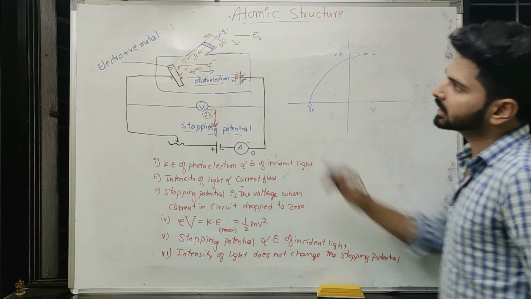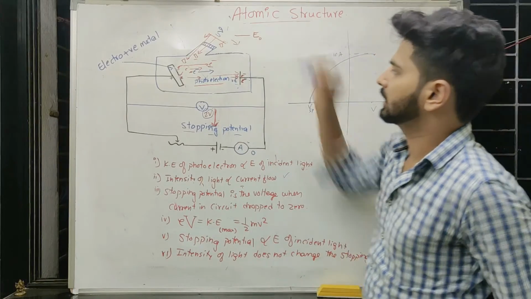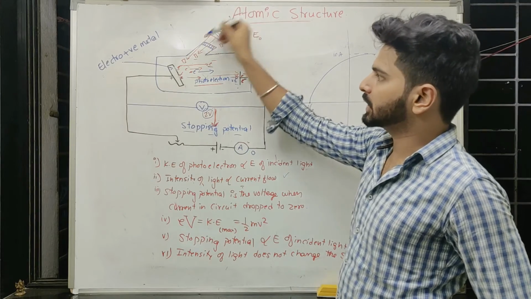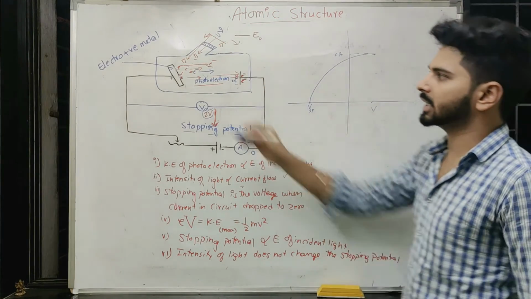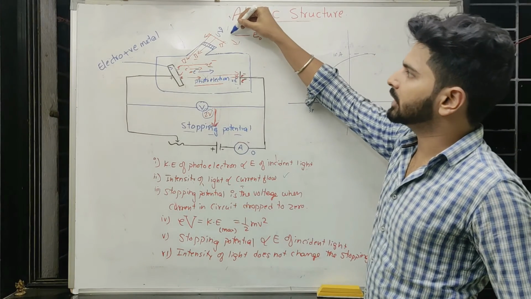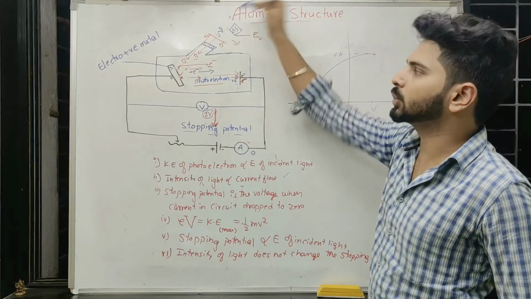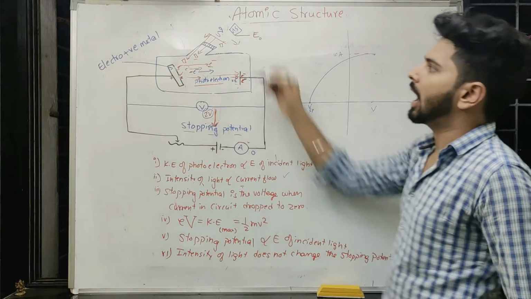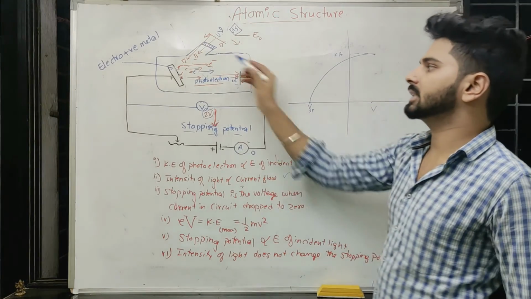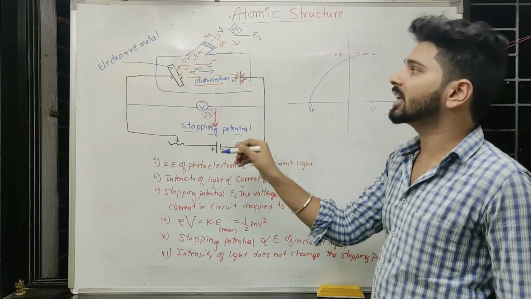So now let us change the incident light to UV, and UV radiation is now hitting the surface and ejecting the photoelectrons. Whatever intensity I kept for visible, I kept the same intensity for UV also, and these electrons enter the circuit. Again, the number of electrons entering the circuit will remain the same. Why?